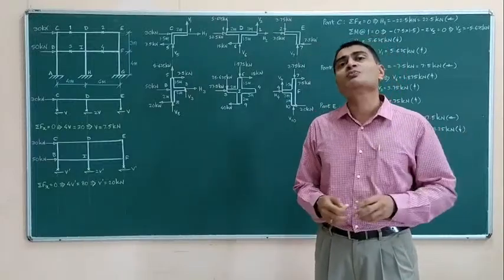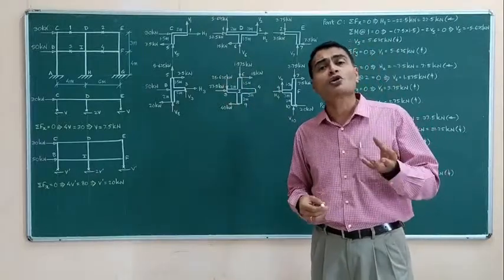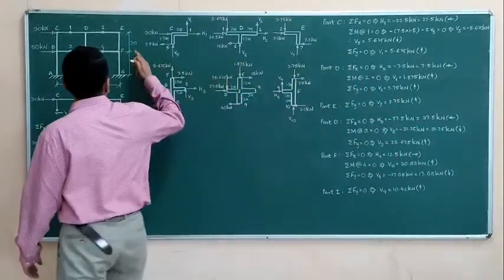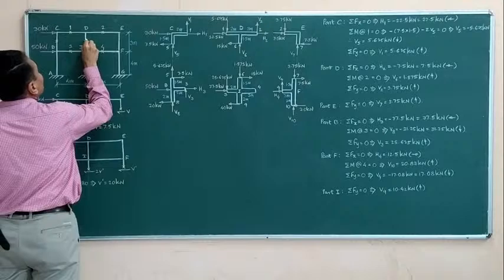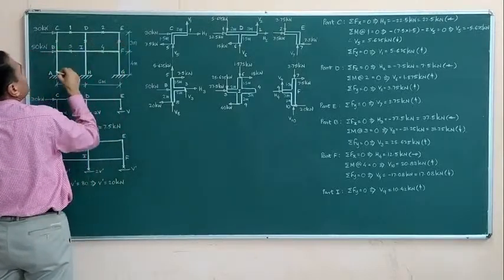Similarly, our second assumption is that all the columns have their points of contraflexure at mid height. So this is 3 meters, exactly at 1.5 meters and 1.5 meters. I am marking points of contraflexure in 3 columns.